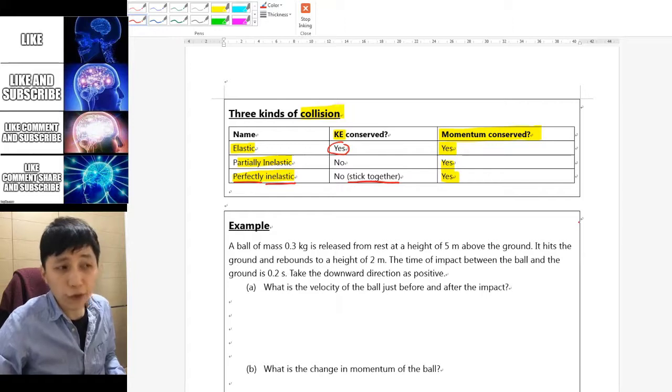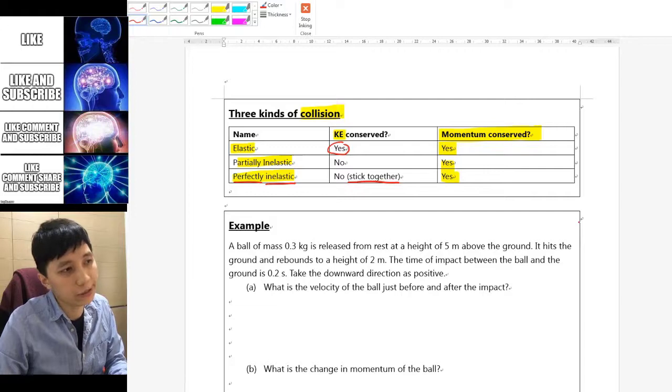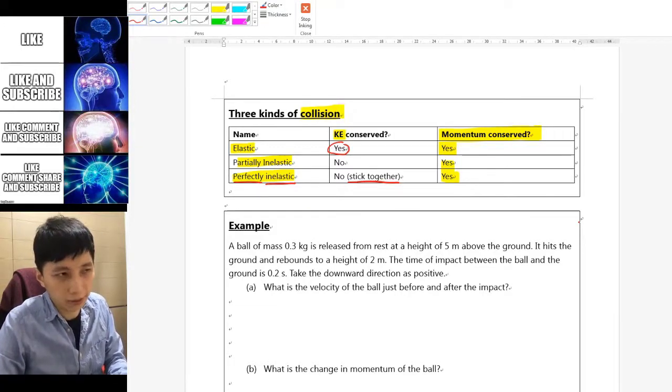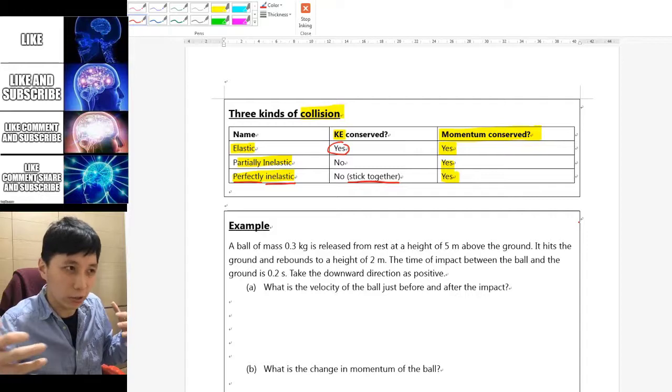One question that you may ask is: what actually determines whether the collision is elastic or not? The answer is complicated. It depends on a lot of different factors. It could be the materials, it could be how the objects collide, at what angle, for example.